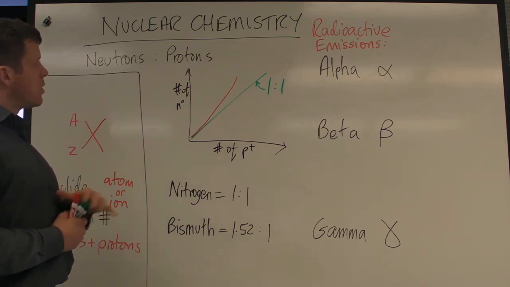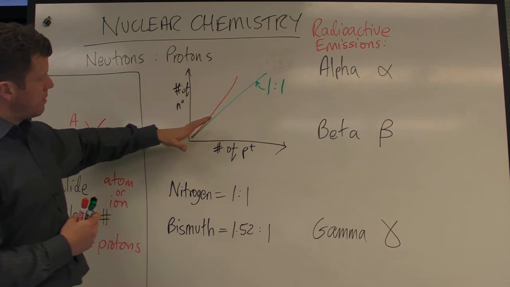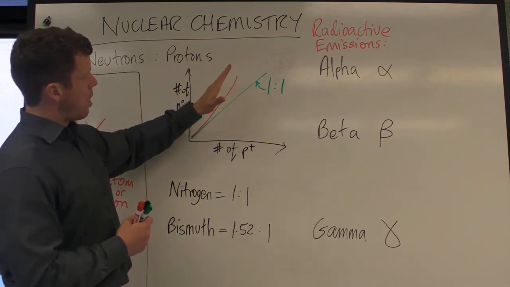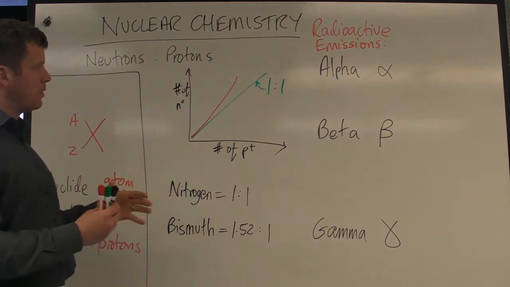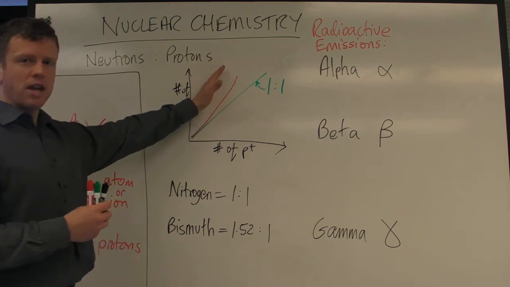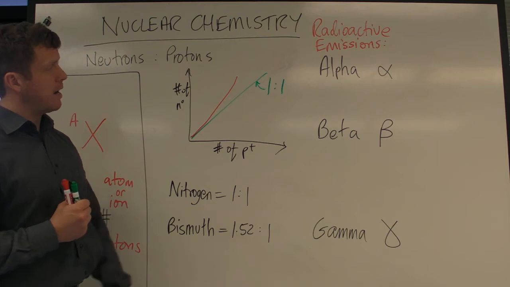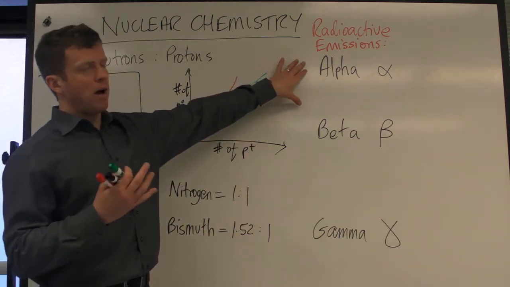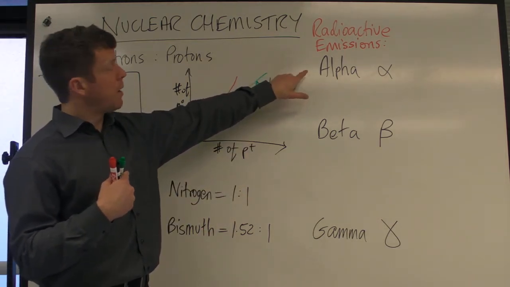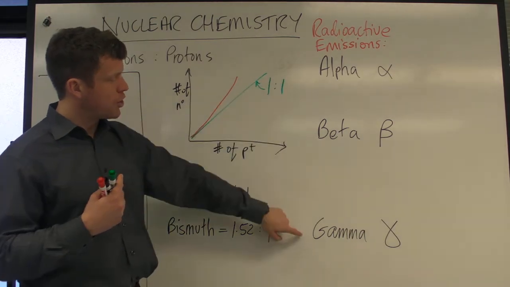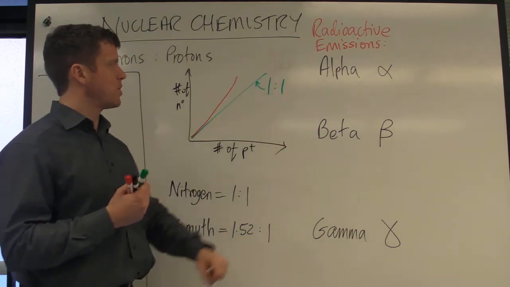Okay, so band of stability, so things that are on that red line are somewhat stable. Above it, unstable. Below it, unstable. And so what we'll talk about next is how an element can become more stable by undergoing one of these changes or one of these radioactive emissions.